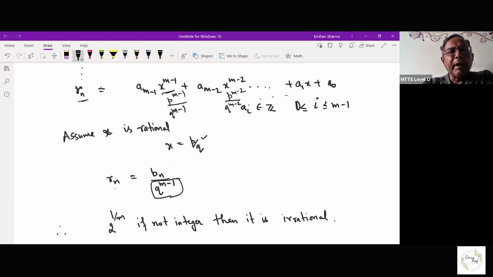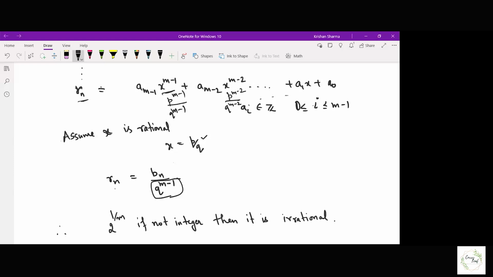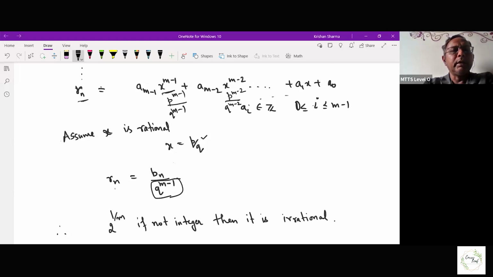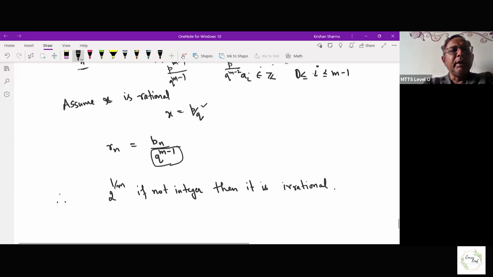Yeah, and further, can you tell me what is the a naught value in this expression? A naught is the last constant term, plus or minus the a to the power m from the first term, x to the power m.